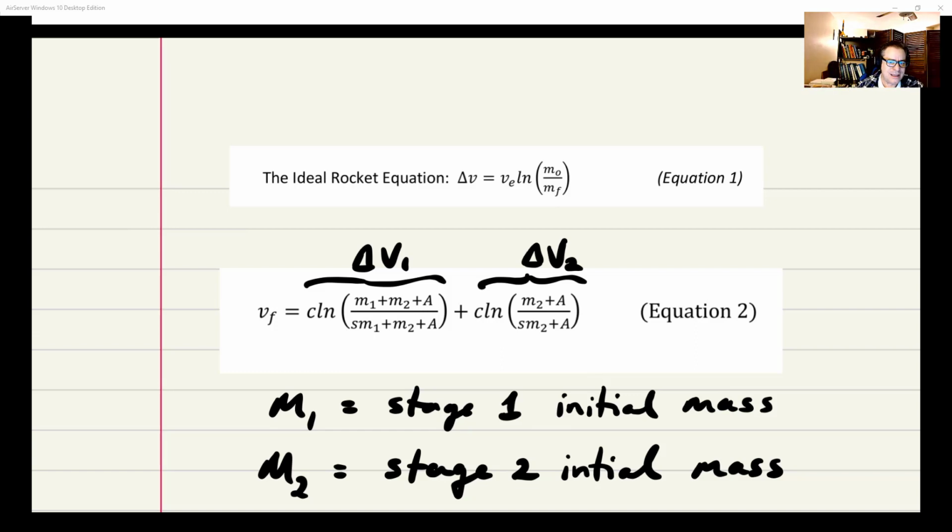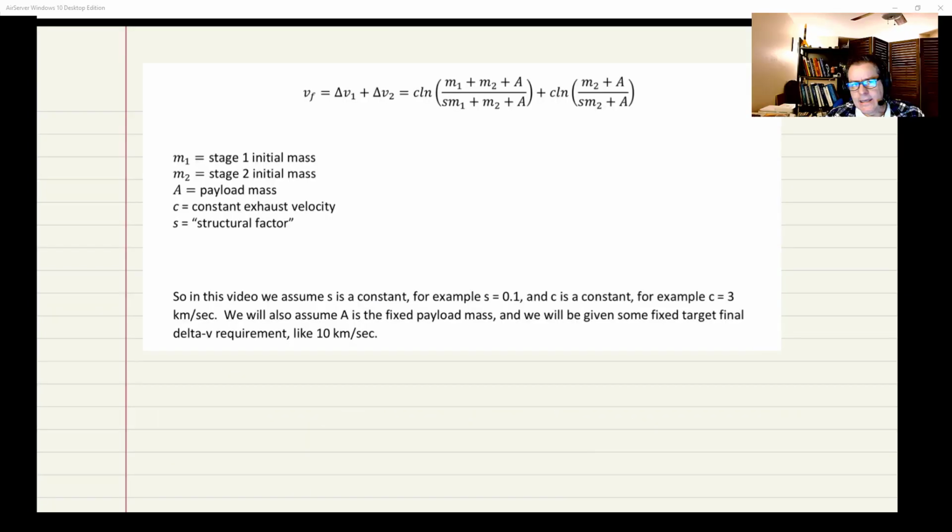So no delta V coming from releasing the stage. The only delta V that occurs is from each stage doing its burn, and that's captured in this case by two burns on two different stages.